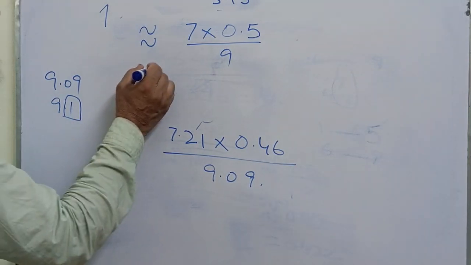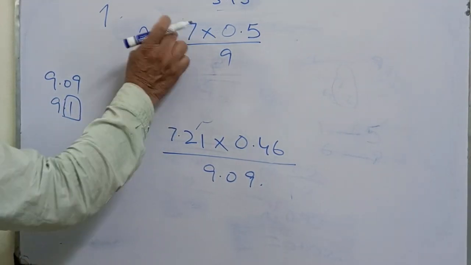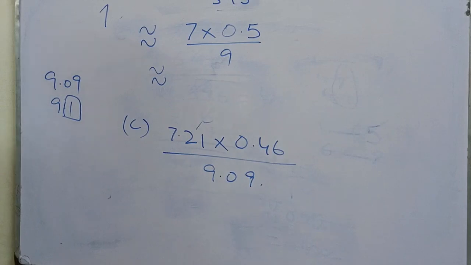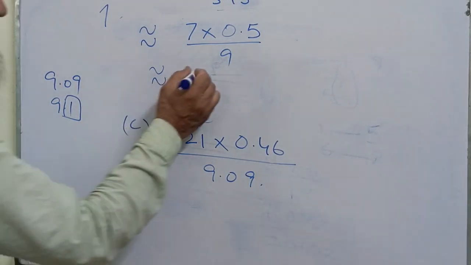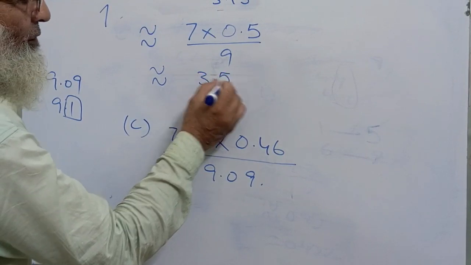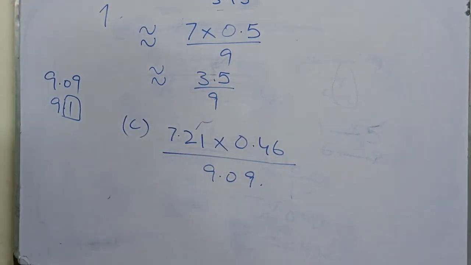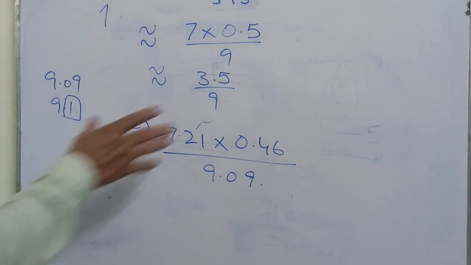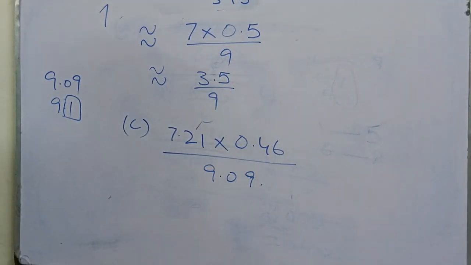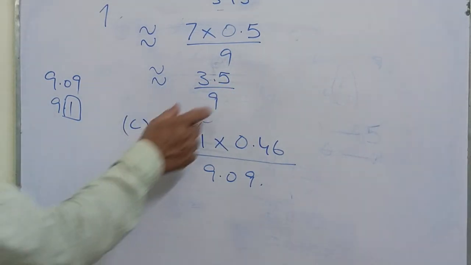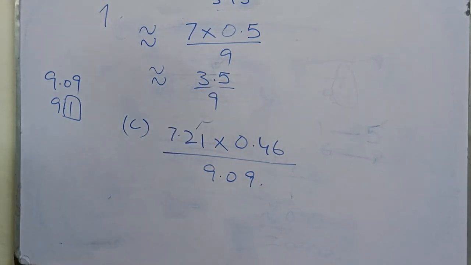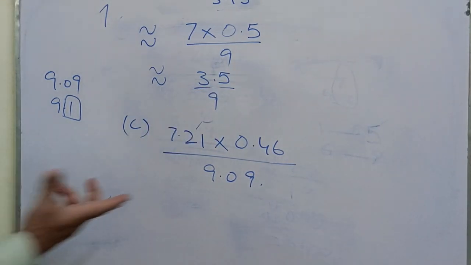So what is the net result? 7 multiplied by 0.5, that will be 3.5. 3.5 divided by 9. And what will be the answer for this is, now you can also take this 9 as 10.